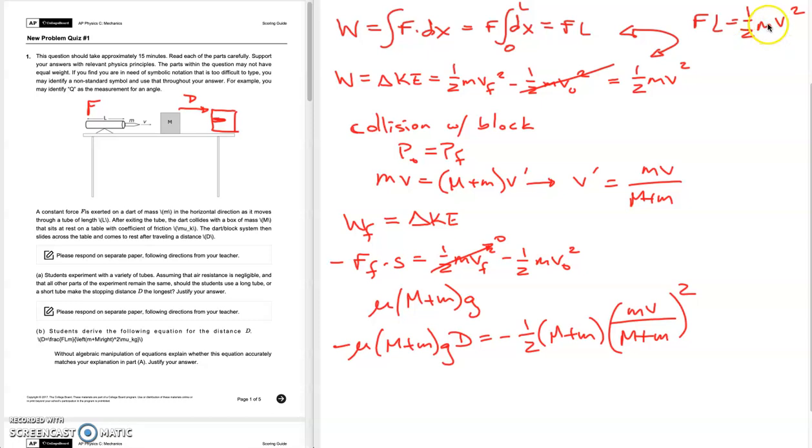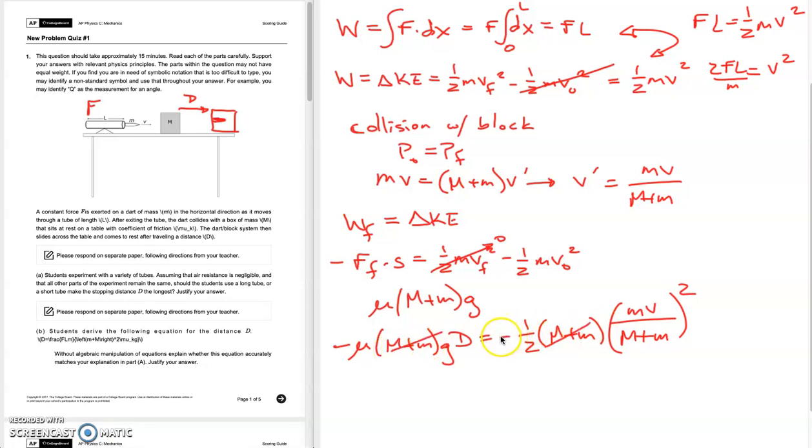So we've got an m and a v squared up there. We've got an m and a v squared down here. So let's just say v squared is equal to 2FL over m. Let's see if we can clean up this mess down here a little bit and look at relationships.